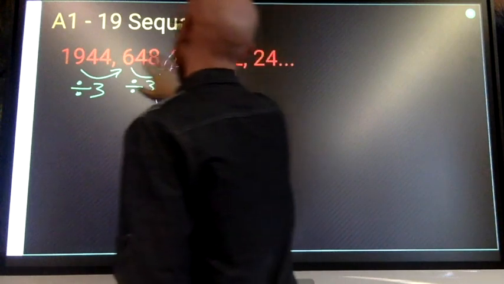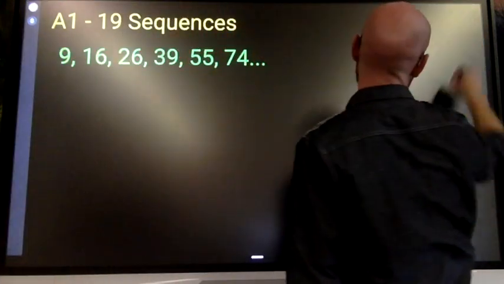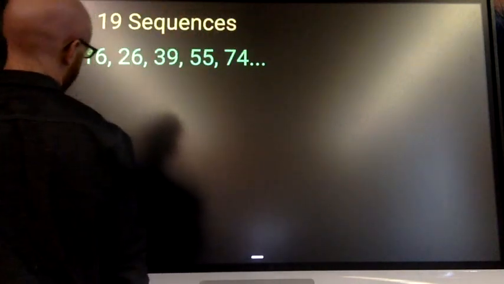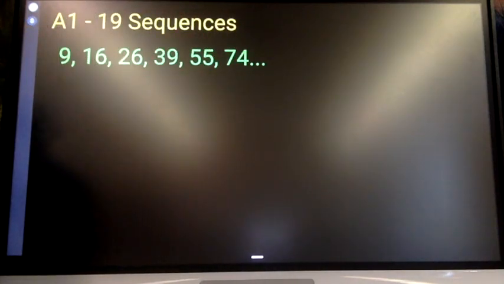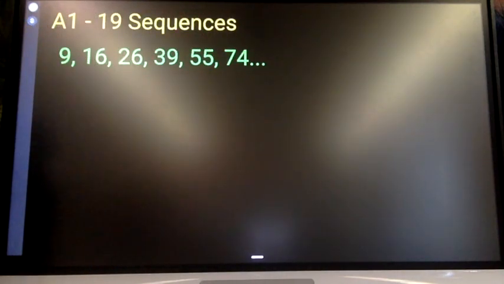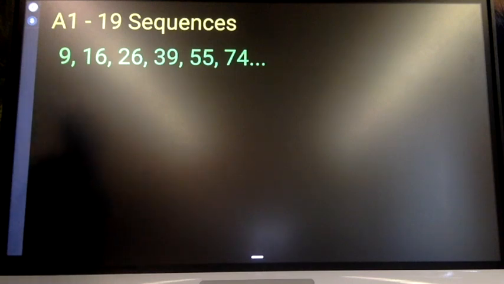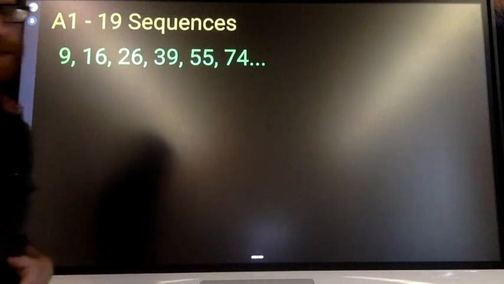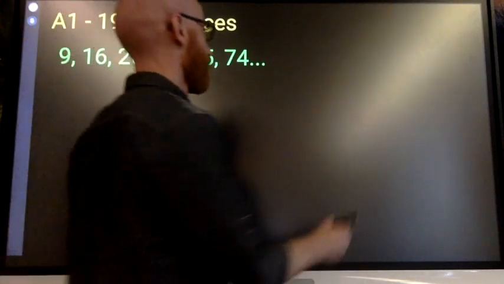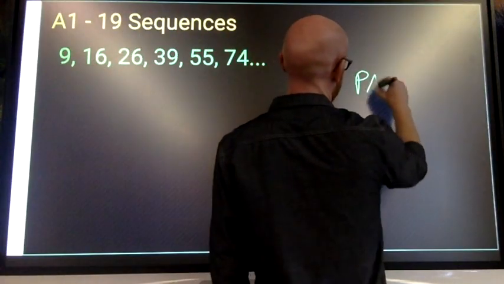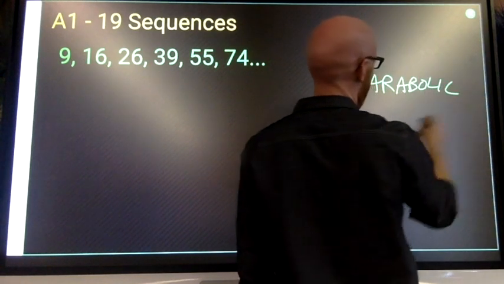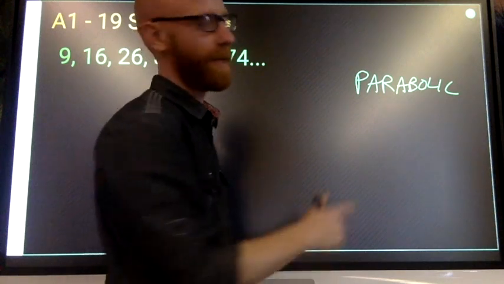If neither of those things work, then you could be looking at a parabolic sequence. I maybe just made up that word, I'm not sure.